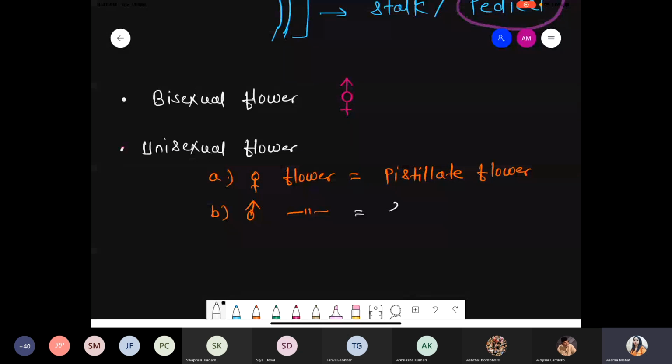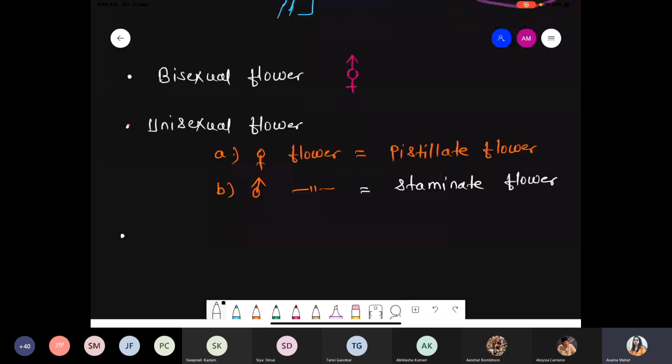Another question where confusion happens: the sterile flower. You know very well, the sterile flower is the flower which does not take part in the process of fertilization. The sterile flower is also called the staminode flower, not staminate.